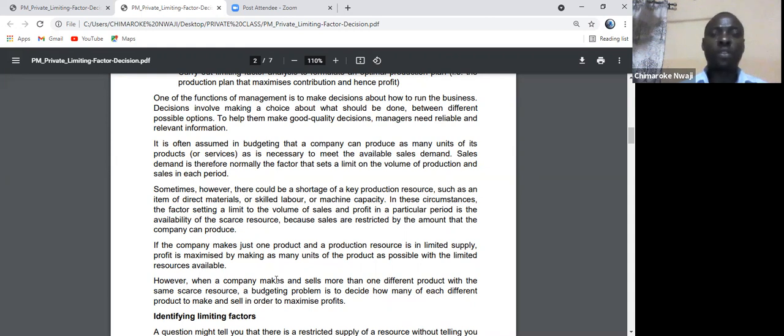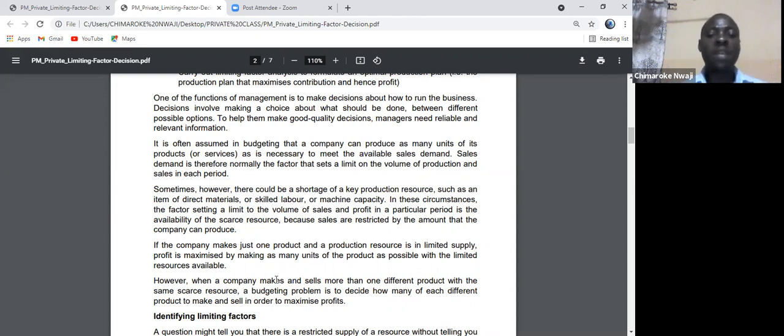Let's say you are supposed to make 5,000 pieces of cake, and you have a scarce resource, material. The material can make only 2,000. So you simply say, make the 2,000.